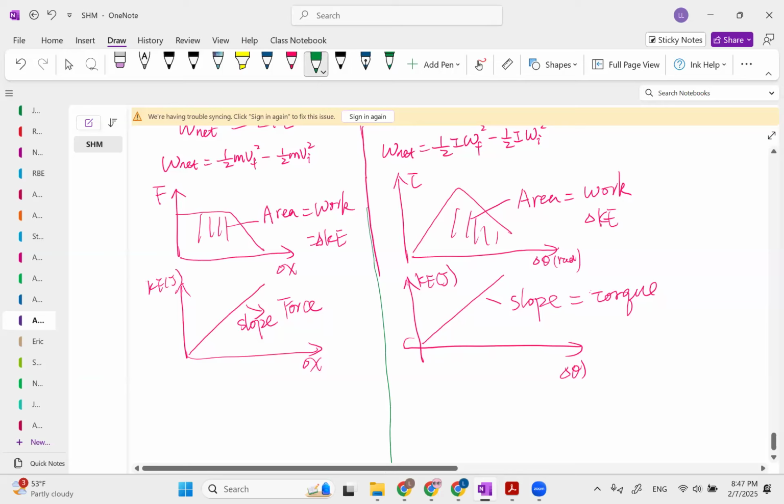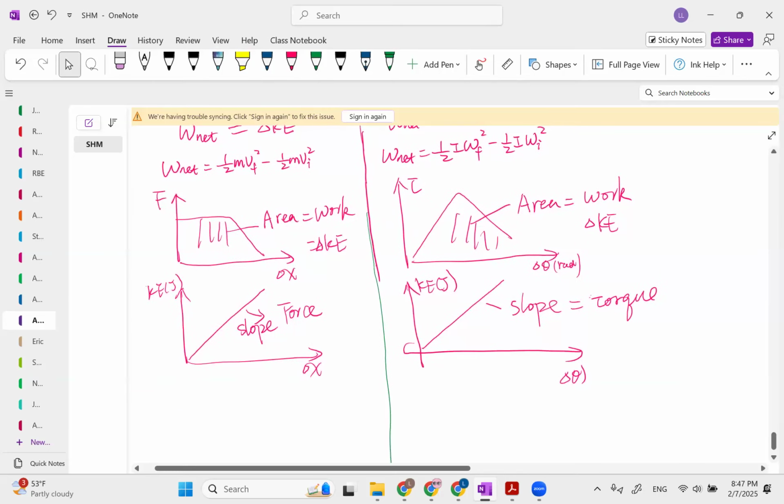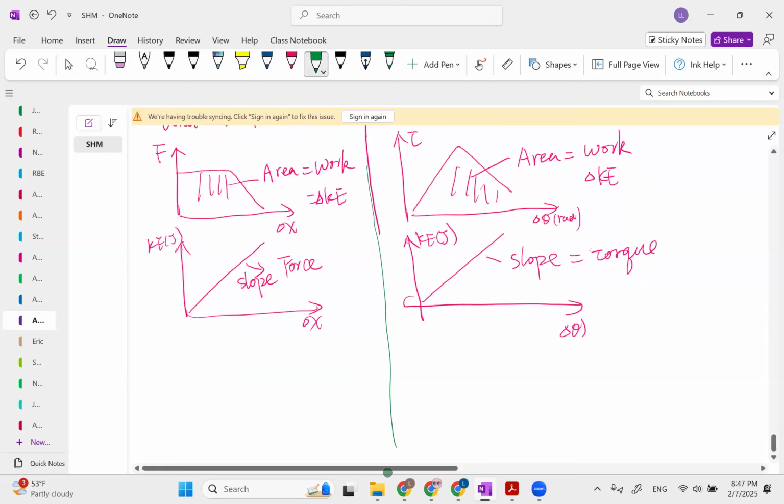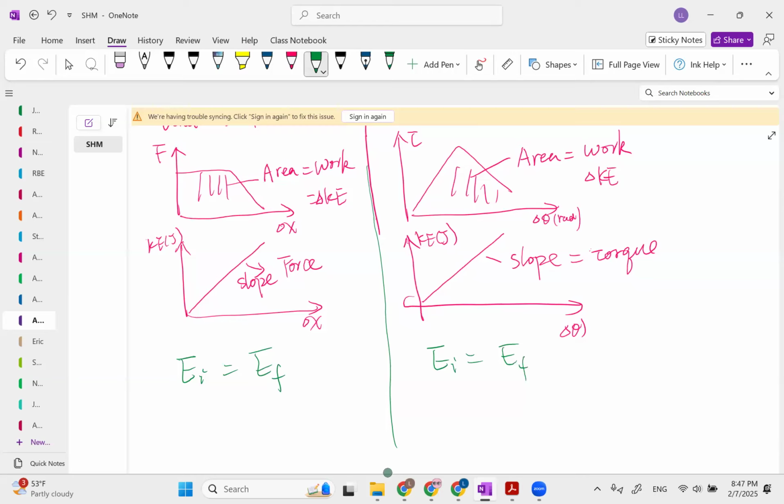Okay. Now, anything else you learn in this work and energy? Remember, it's energy conservation. The energy conservation condition is still the same. Remember, when can you use energy conservation to solve the problem? What's the condition to use energy conservation, Jameson?